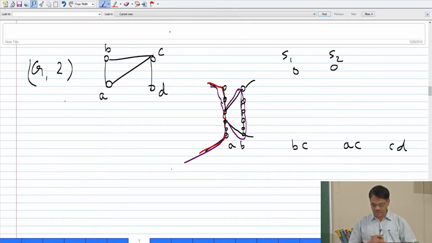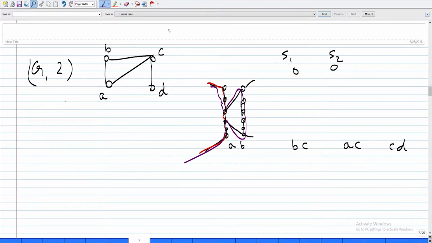Then the rest is easy after that. So now let me fill up the remaining graph with the edges. This BC also has this kind of a gadget, so BC also has something like this with this kind of an edge. Similarly, this.